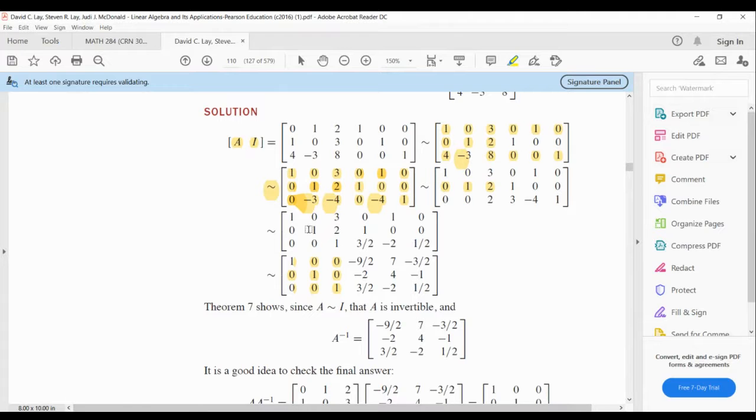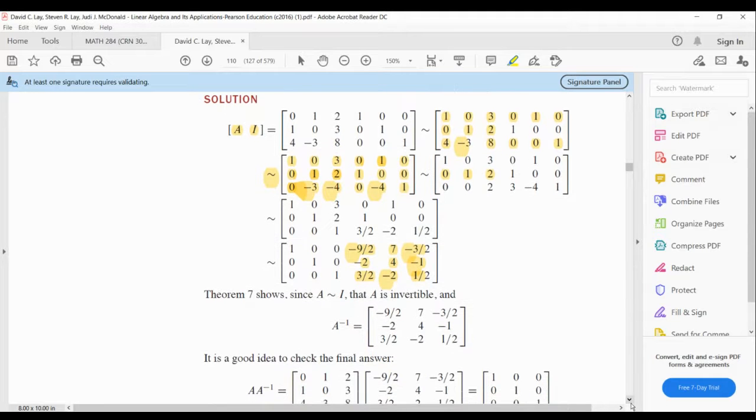Then the identity matrix on the right gets row reduced to become the inverse matrix. And that's your inverse matrix. Okay, and that's how the algorithm works.